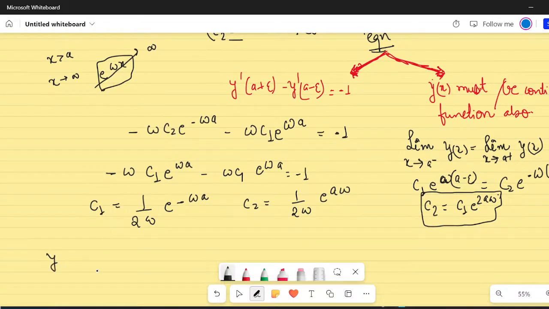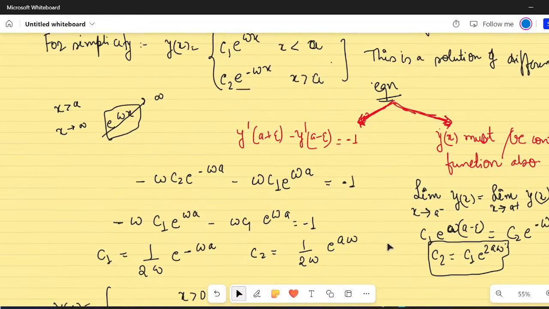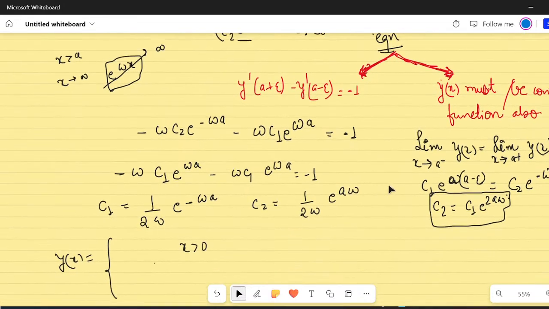y(x) would be equal to what it was given. For all x greater than a, it was C2 e to the power minus omega x.